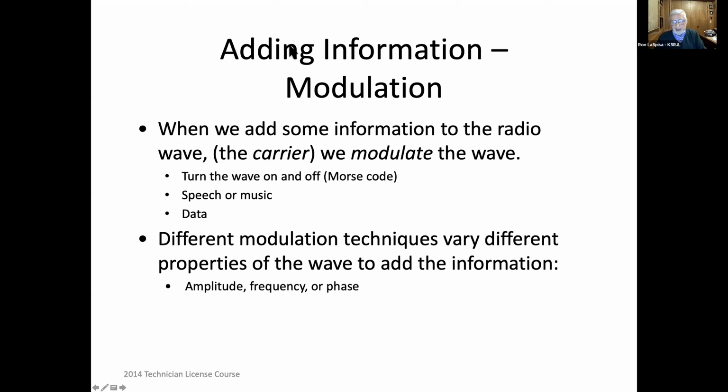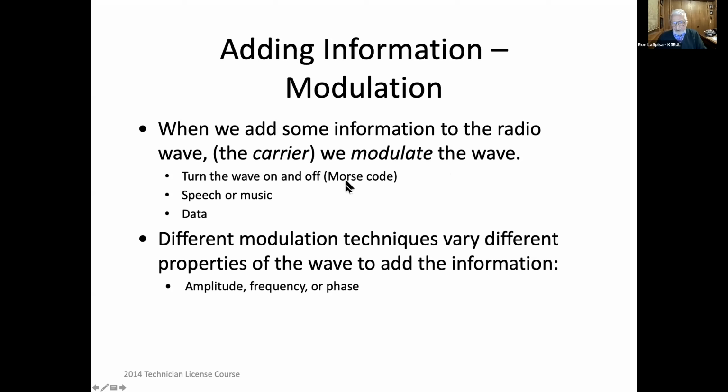If we're adding information to a carrier wave or to a radio signal, that's called modulating. Usually the radio wave that we start with that we're adding stuff to is called a carrier. And we then modulate that carrier to create the wave.